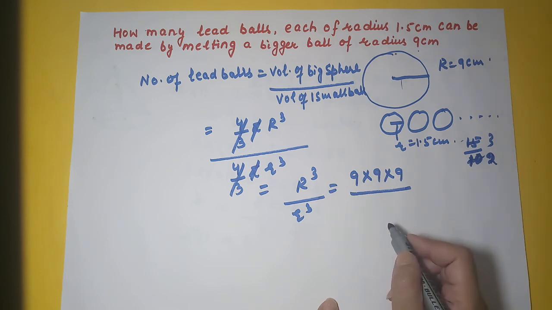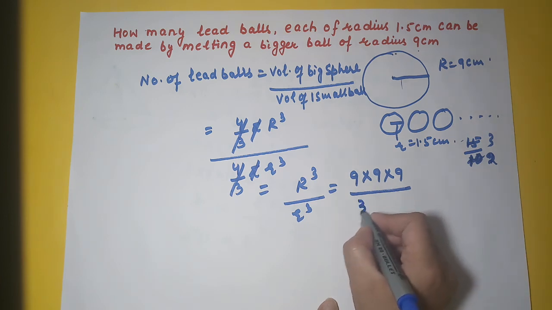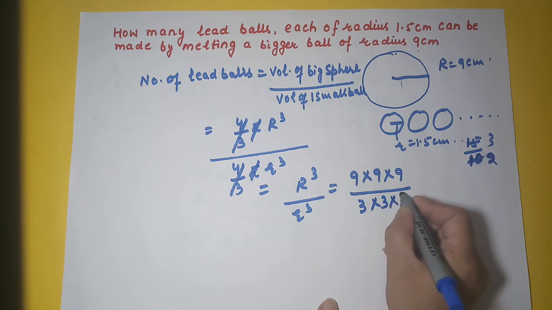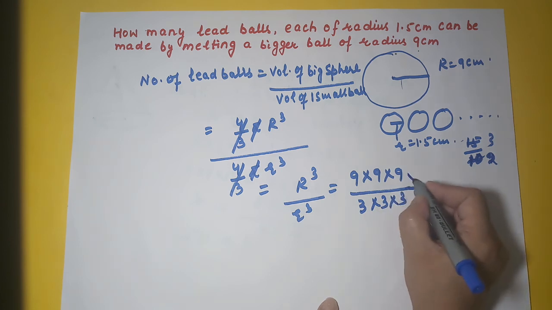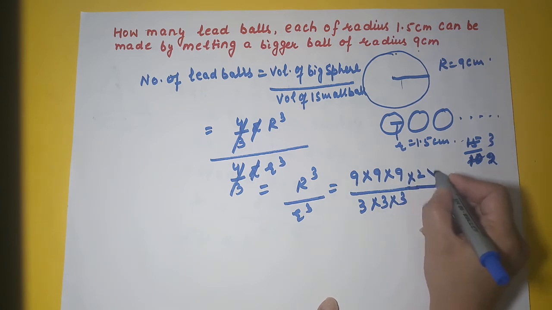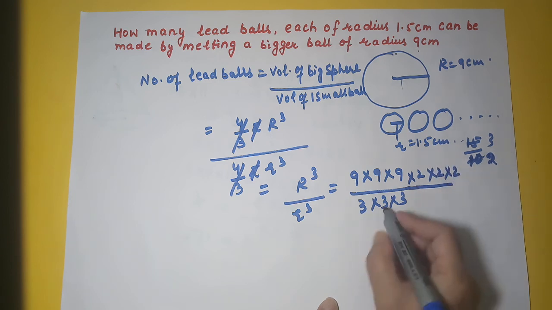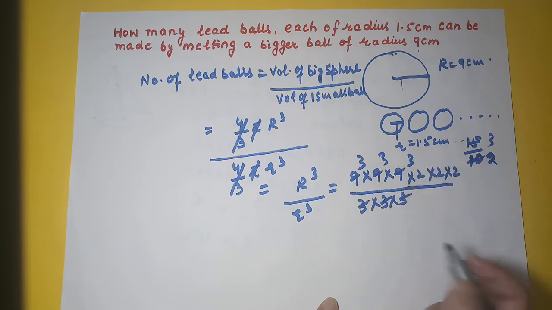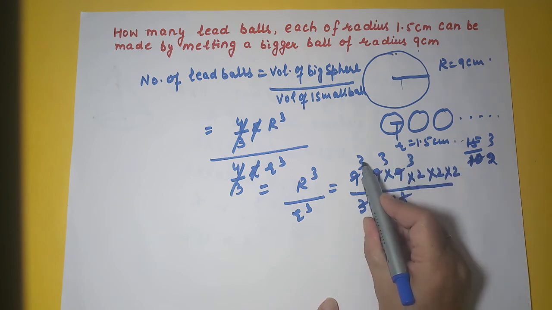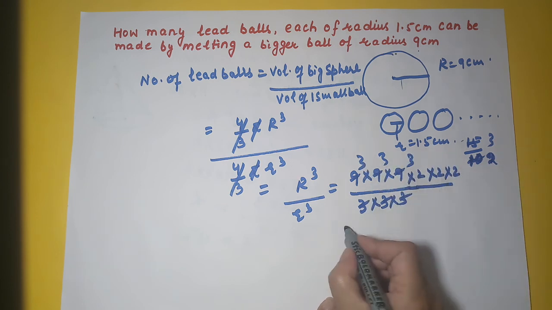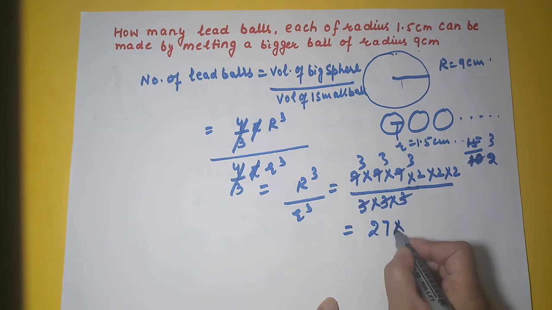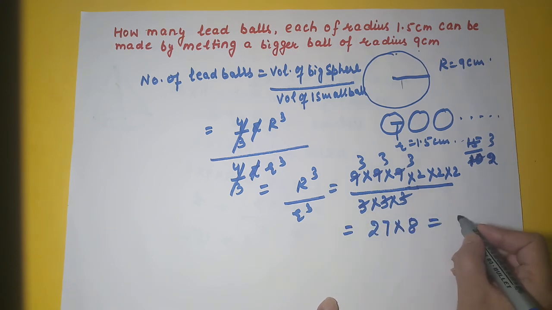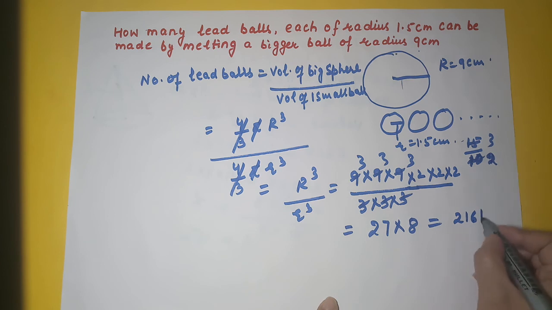So you can write this as 3 into 3 into 3, and this 2 will go up, 2 into 2. So 3 3s are 9, 9 3s are 27, 2 2s are 4, 4 2s are 8. So finally you have 27 into 8, which is equal to 216 balls, right?